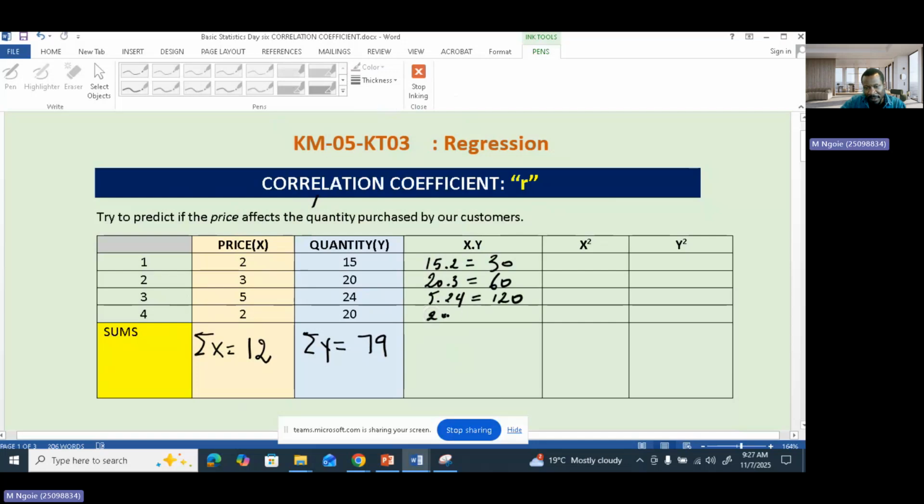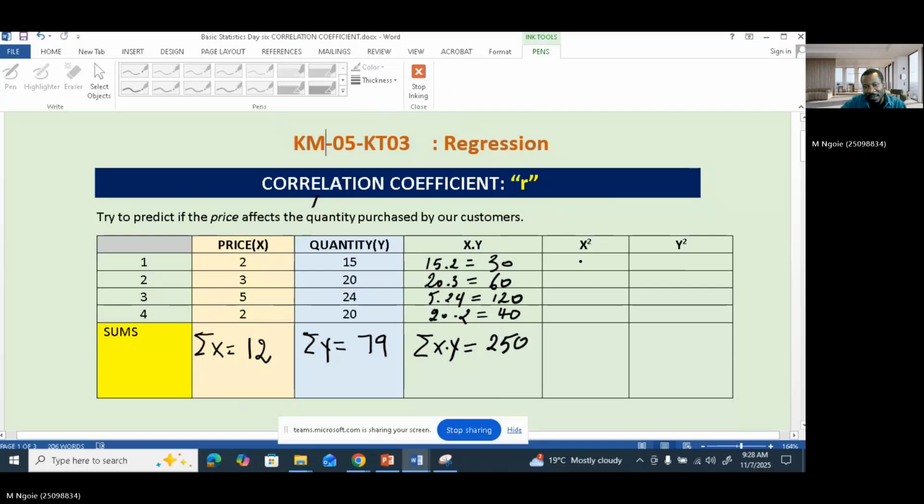And here, 20 times 2, that's going to be 40. And here, it's the sum of x times y. That's going to be 250.